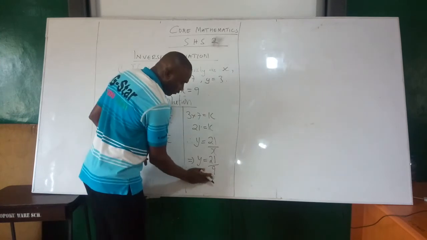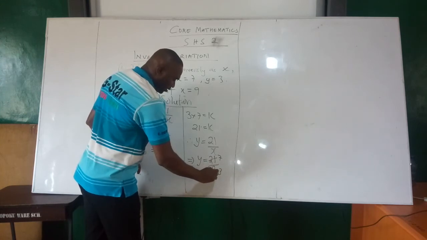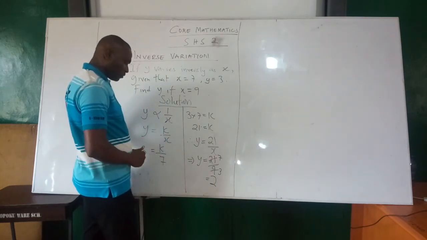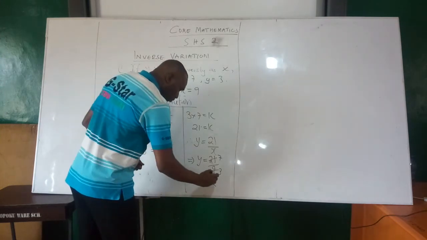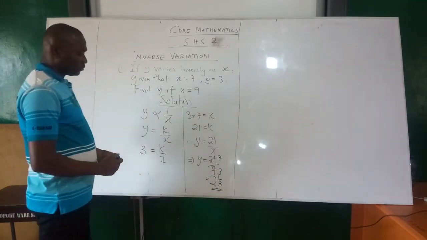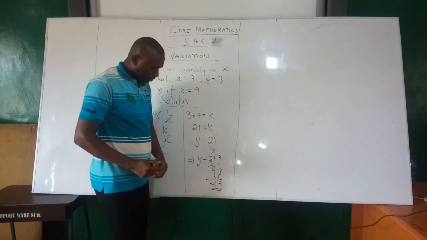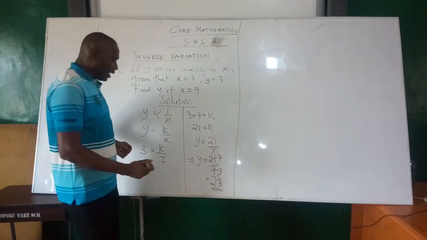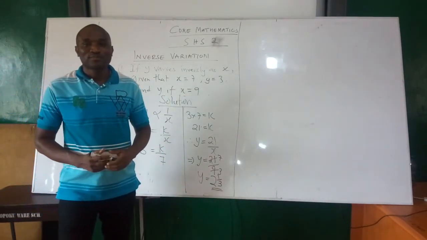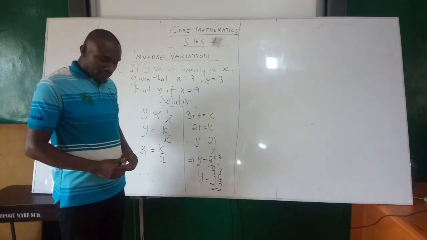Let me break it down before so that it's easy. 3 goes here 7, 3 goes here 3. So now 2 whole number, 1 on 3. That is y. A very simple example for us to grasp. Let's pick another example.